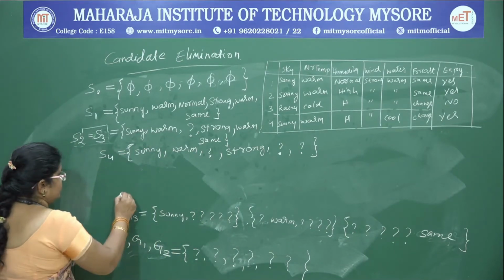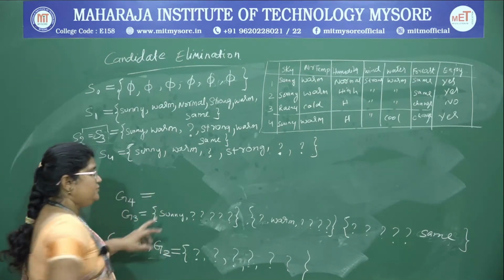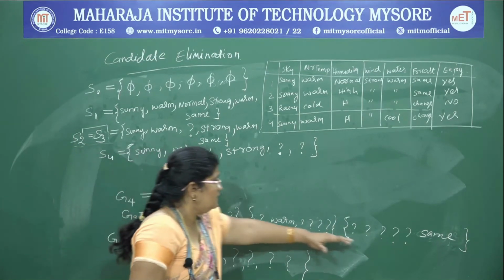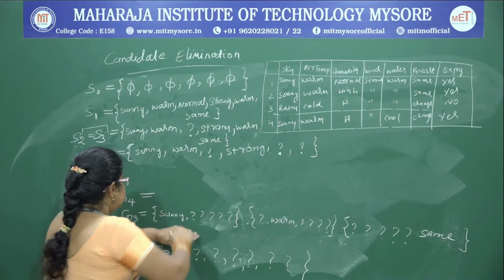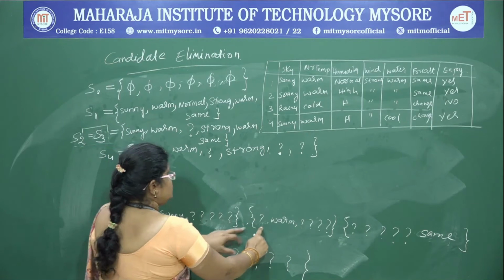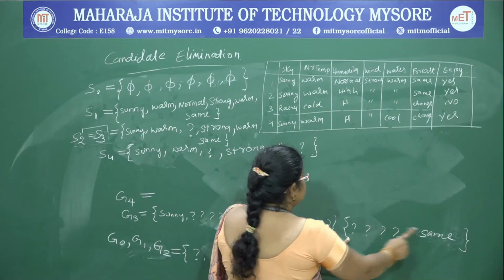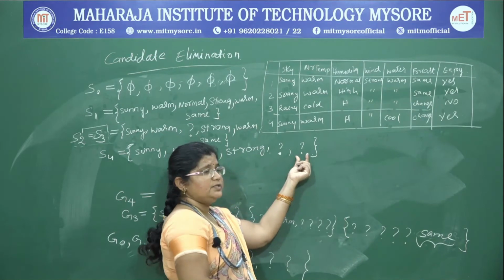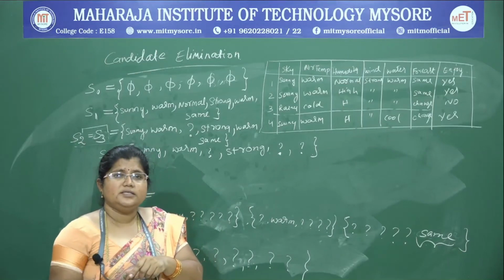Now, let us move to the G4. When you look at this G4, what happens here is, when we come across this training example, we retain the Sunny, question mark, warm, but here the same is present, but we have replaced it with the question mark. So, question mark indicates it can be a change or a same.